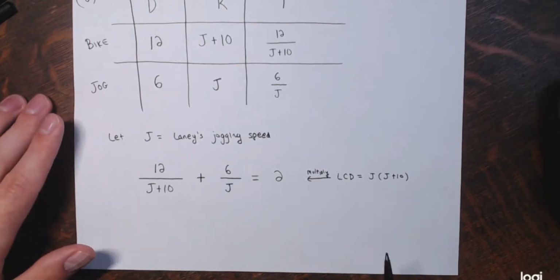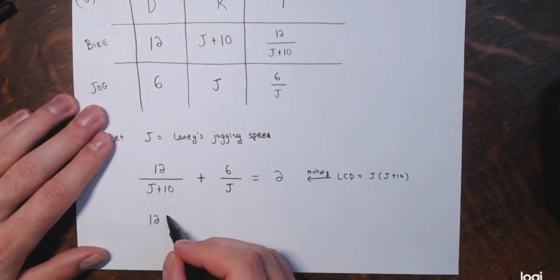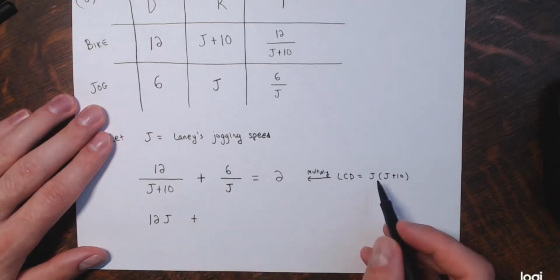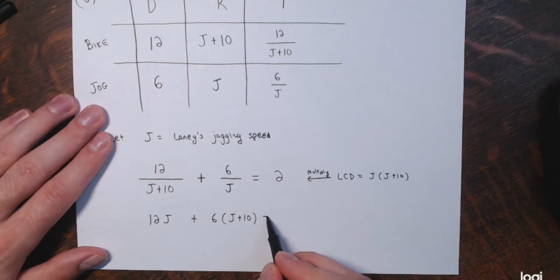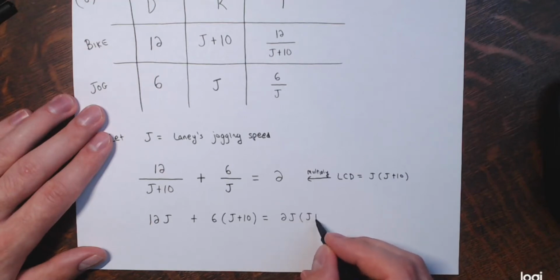So the first fraction, you'd have 12 times J, because the J plus 10s would cancel, plus the second fraction, the J's would cancel. You have 6 times the quantity J plus 10. And on the other side, there is nothing to cancel, so you just have 2 times the LCD, 2 times J plus 10.